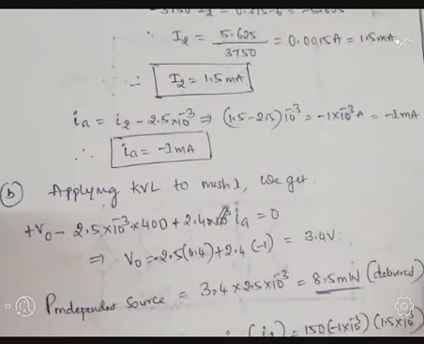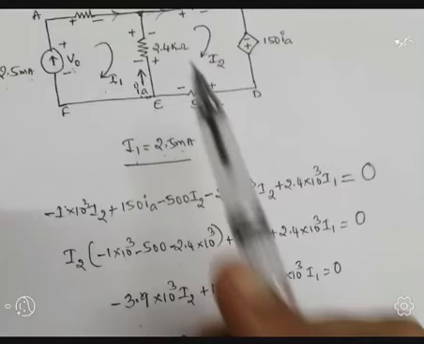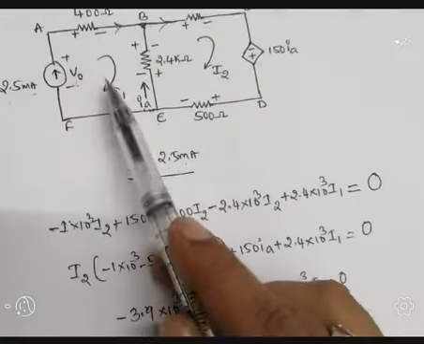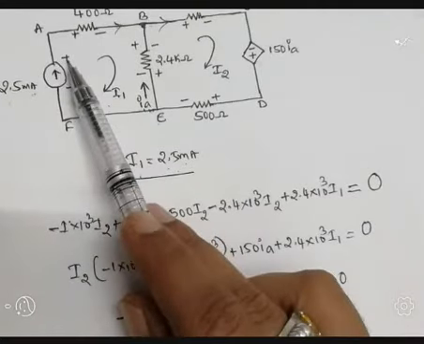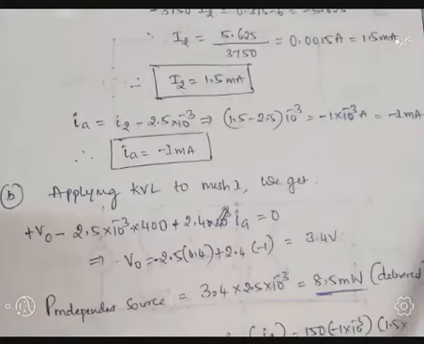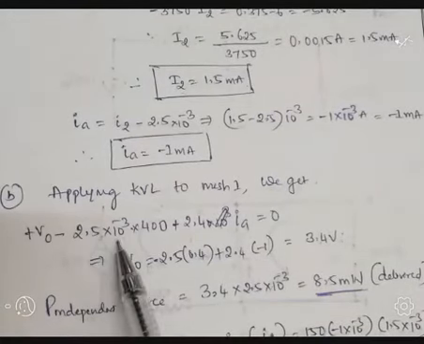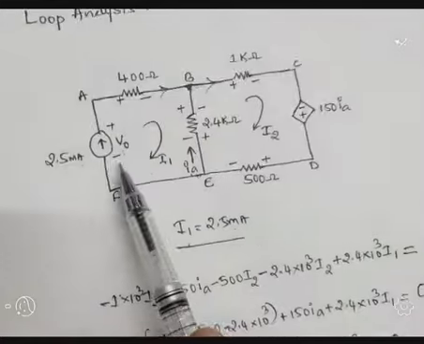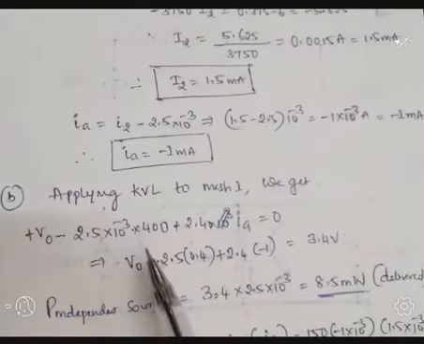We are getting a simple thing, plus V naught, since the head of the arrow mark is pointing towards positive polarity. Hence it becomes plus V naught minus 2.5 multiplied by 10 to the power minus 3, the current source, into 400.